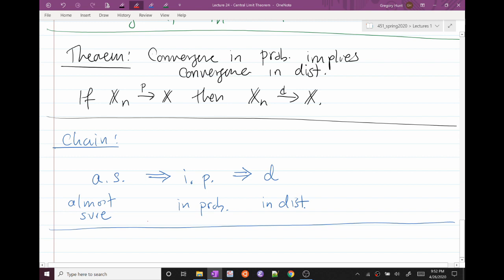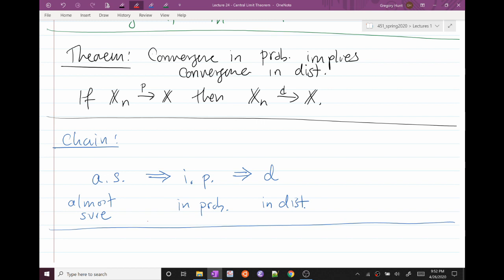Now we had an example where a sequence of random variables converged in probability, but not almost surely. So we know part of this converse doesn't work. The question is, if it converges in distribution, does it always converge in probability? The answer is no. Otherwise, we wouldn't have different names for these.